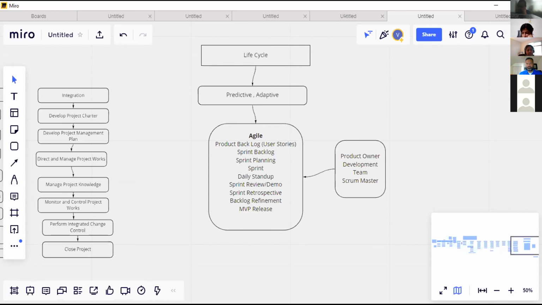In the current pattern of PMP, if you understand the mindset, and the mindset is more of those 4 values, and the things that he has written in Agile: what is in the product backlog, how you prioritize the product backlog, what is the sprint backlog, how you assign story points, 3 techniques of that, what happens in sprint planning, the sprint duration of 1 to 4 weeks, what happens in daily stand-up, the information radiators, burn up, burn down, Kanban, task board, sprint review, how the product backlog is refined, sprint retrospective, the 5 stages of sprint retrospective, release of MVP, and that's enough Agile. Well done, team 2.